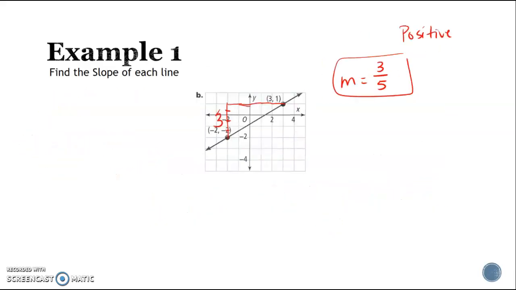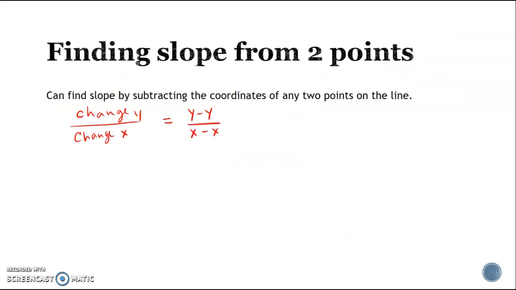So just 3, 1, and negative 2, negative 2. I'm going to use those points for an example real quick. So we said 3, 1, and negative 2, negative 2. When I plug it in, I can plug it in as 1 minus a negative 2.